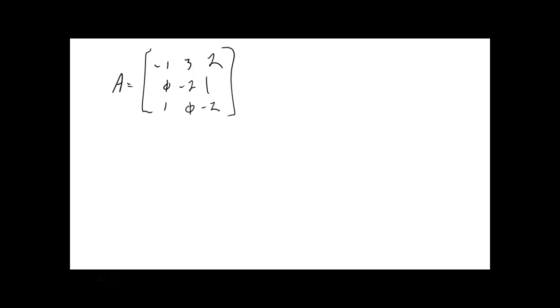Okay? So, let's start with 1, 1. All right. So, this is going to be the cofactor matrix. So let's call this the Cij. That's probably not the best thing to call it, but that's what I'll call it.